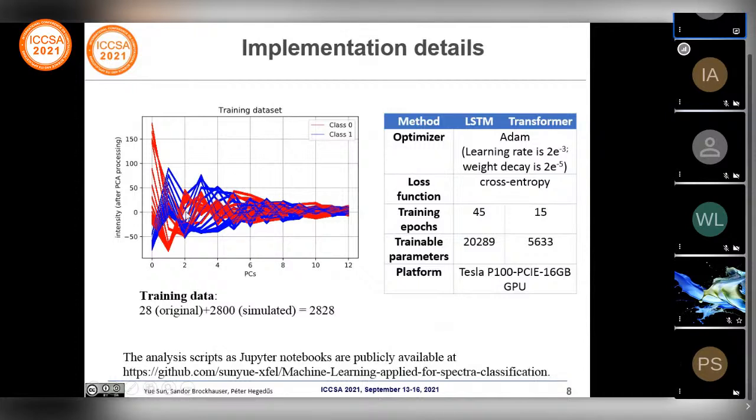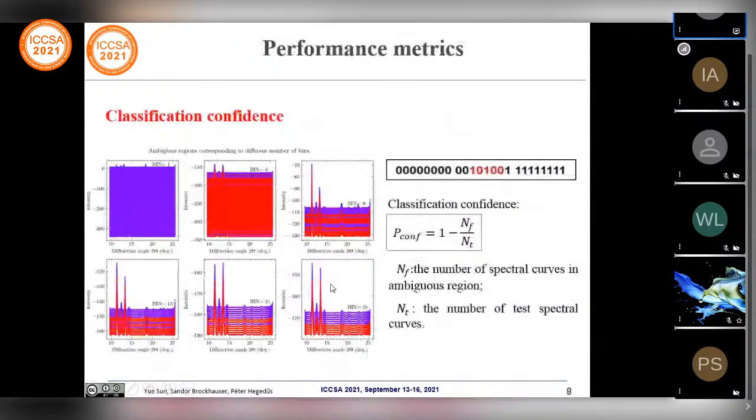It consists of the original dataset after PCA preprocessing, and also some simulated data made by adding random noise. The notebook is available at this website. If you are interested, you can take a look. And we also list the optimizer, the loss function, and the GPU we are using during the implementation.